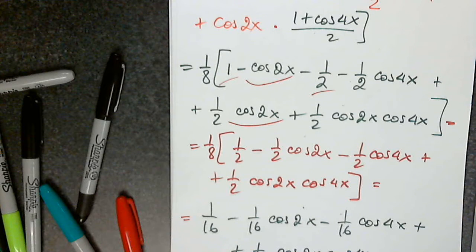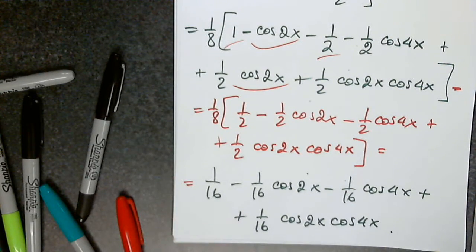This was, I have no idea which problem it was. It was number 13. I don't know how they presented the answer. Do they present it as everything over 16, or do they have these 4 terms? They should have these 4 terms and not just write one fraction.